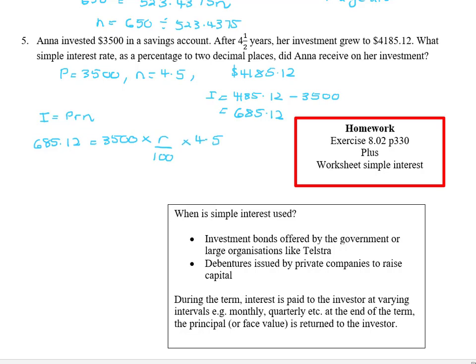Now, on your calculator, I would like you to do this part first. We've got 3,500. This line here means divided by 100 and times by 4.5. And that will get rid of all of these numbers into a simple form.